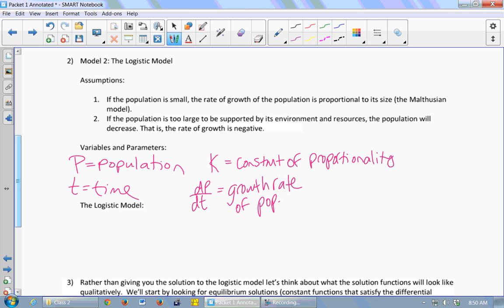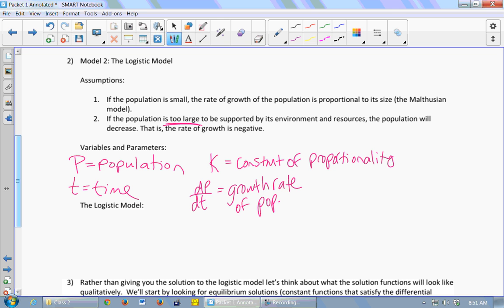Now assumption 2, we have this new thing where there's some size of the population that is too large, right? And under that circumstance, the rate of growth becomes negative. So we still have a variable for rate of growth, so I don't have to introduce a new one, but there's this too large number. Okay, so we have to decide what is too large.